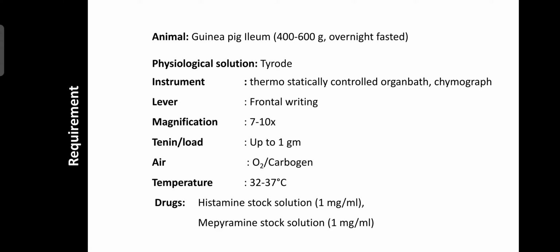Then load should be applied up to 1 gram. Then air supplied with oxygen or carbogen. Then temperature should be maintained about 32 to 37 degrees centigrade. Drugs used: histamine stock solution 1 mg per ml and mepyramine stock solution 1 mg per ml.